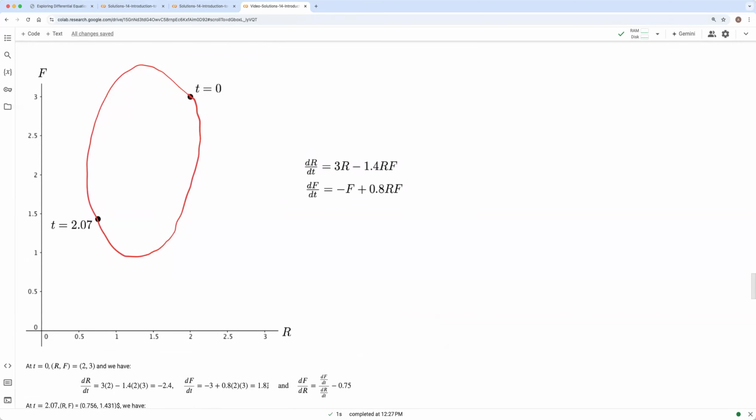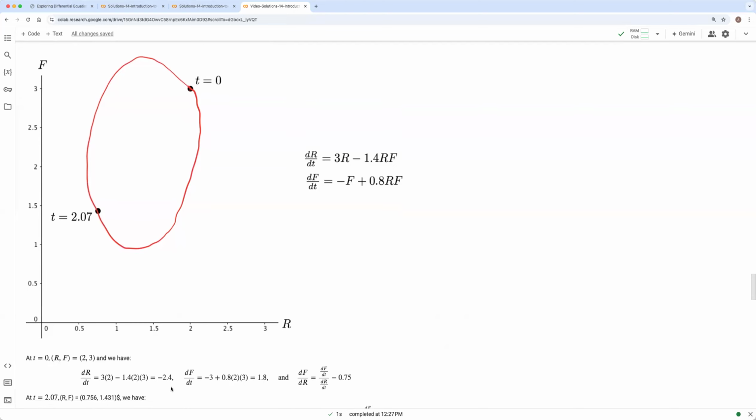That's a positive value. By using the chain rule, I can calculate dF/dR by taking the ratio of dF/dt and dR/dt. In this case, I'm missing an equal sign here. That would give me minus 0.75. And that just comes from taking the 1.8 and dividing by the minus 2.4.